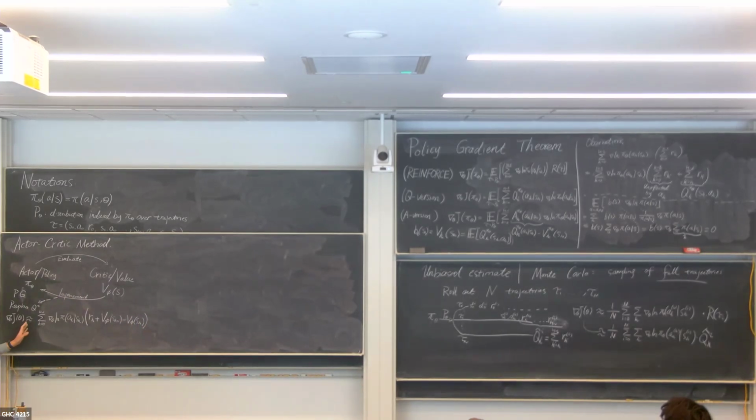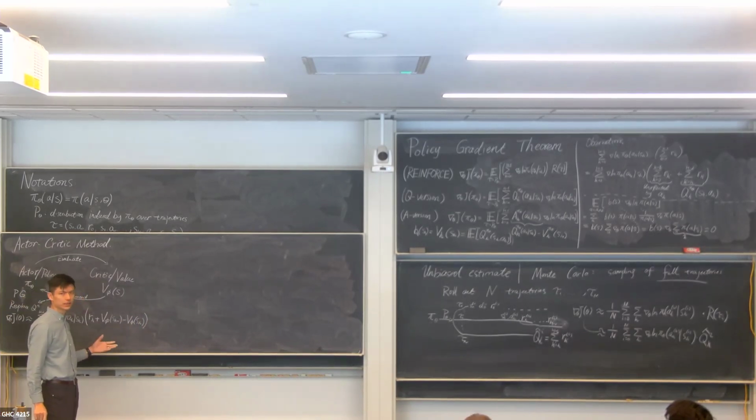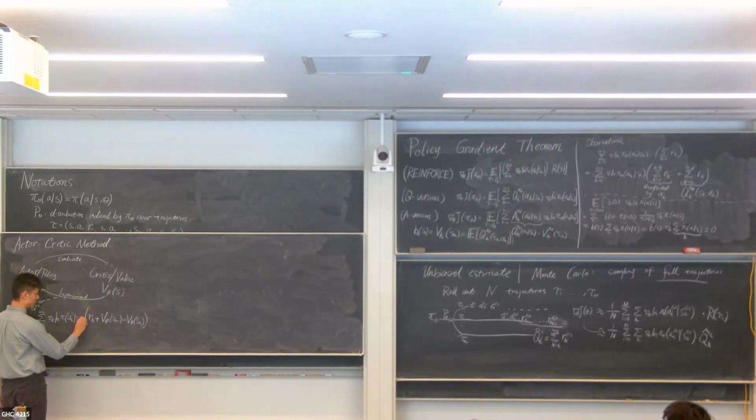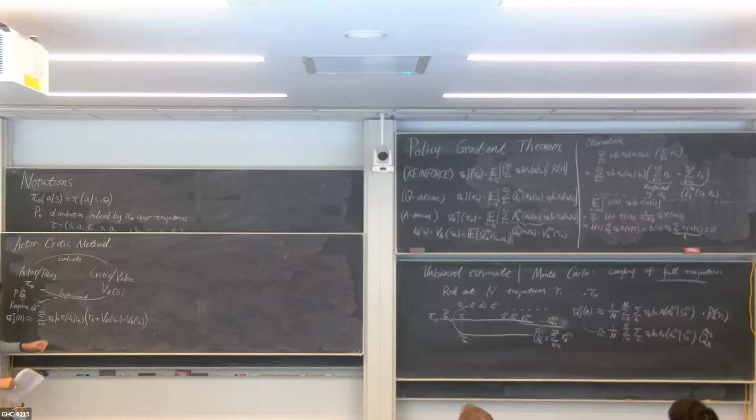There's some average outside I'm not writing down, but essentially I'm multiplying the gradient. I'm adding a dot here to indicate this is not part of the gradient operation.